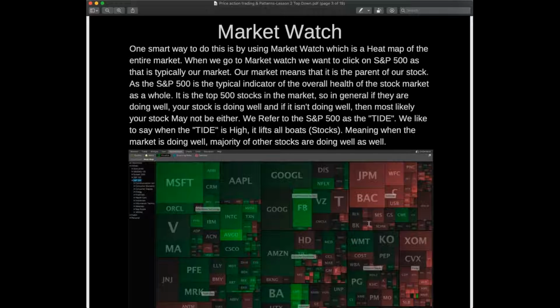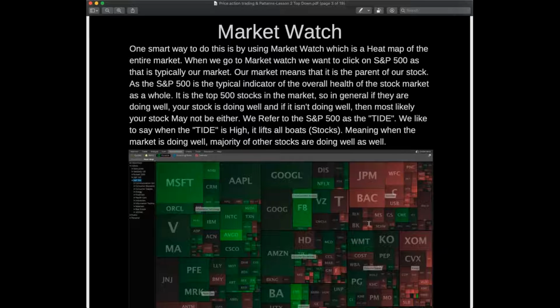Okay, and then there's a tab in our Thinkorswim that has a heat map. Market Watch is going to show green and dark pink, and they're going to tell you where money's flowing to and where money's coming out of.